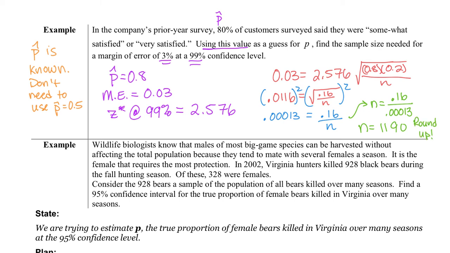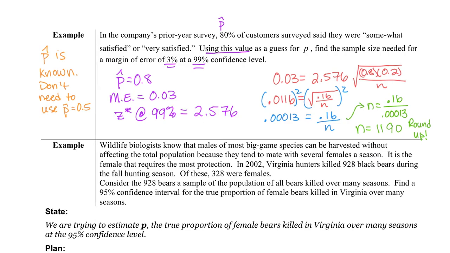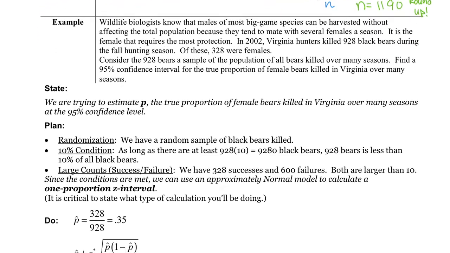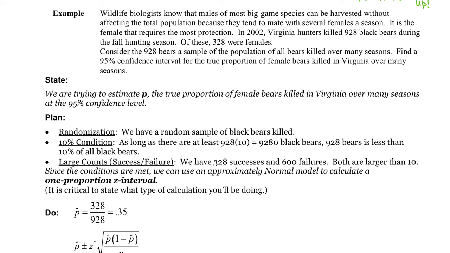Right, last bit, there's this problem here. I'm going to let you read through it, and it's already worked out for you, but I want to point a few things out. So this would be a completed confidence interval for proportion. First off is this statement.